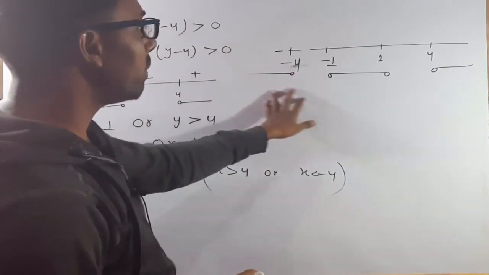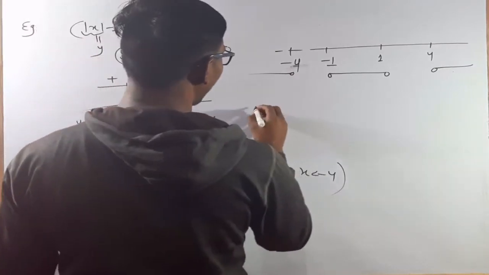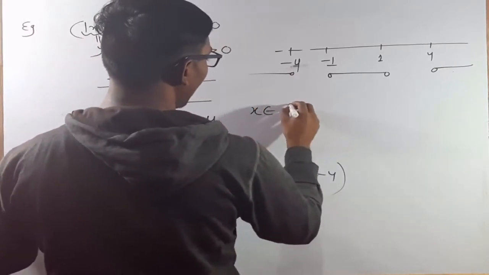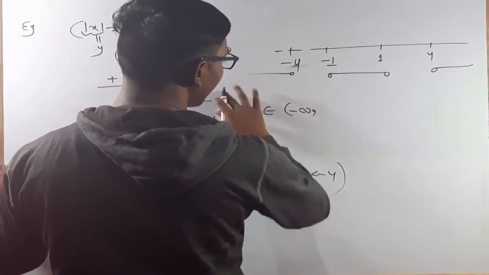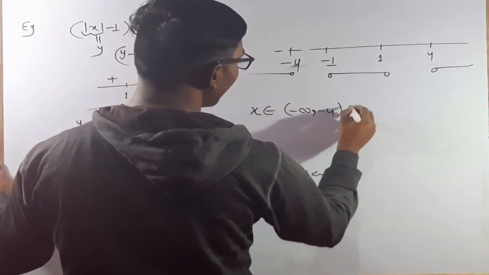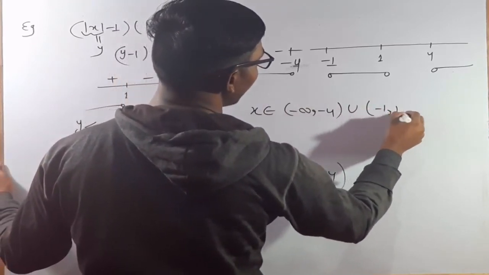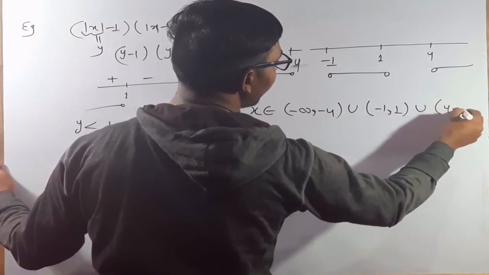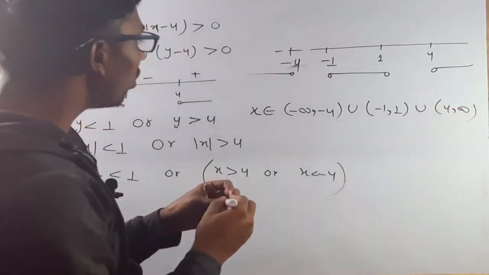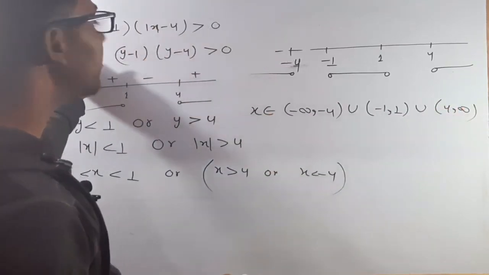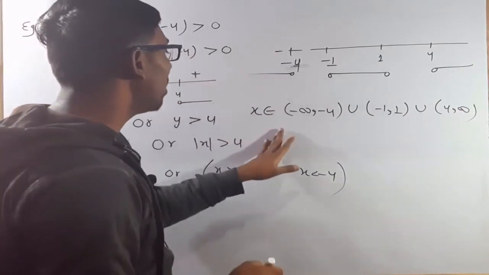So we need to collect all the values of x. So x belongs to minus infinity to -4 union -1 to 1 union 4 to infinity. So this is how we can collect all the values of x for which this inequality will be satisfied. I hope it is clear.